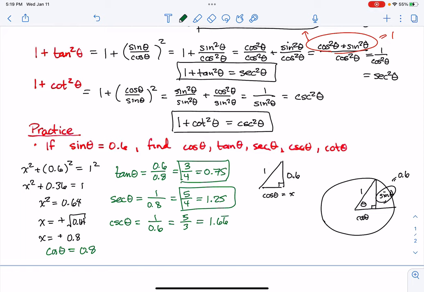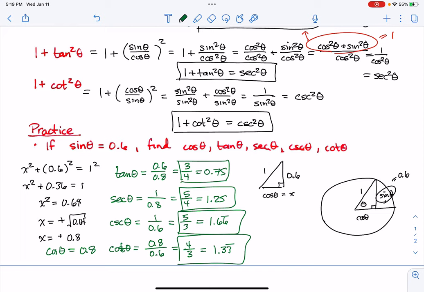That 6 is repeating. So that's cosecant, and then cotangent, right, is cosine over sine. So 0.8 over 0.6. That's going to be 4 over 3, which is 1.33 repeating, right? And so we found everything.